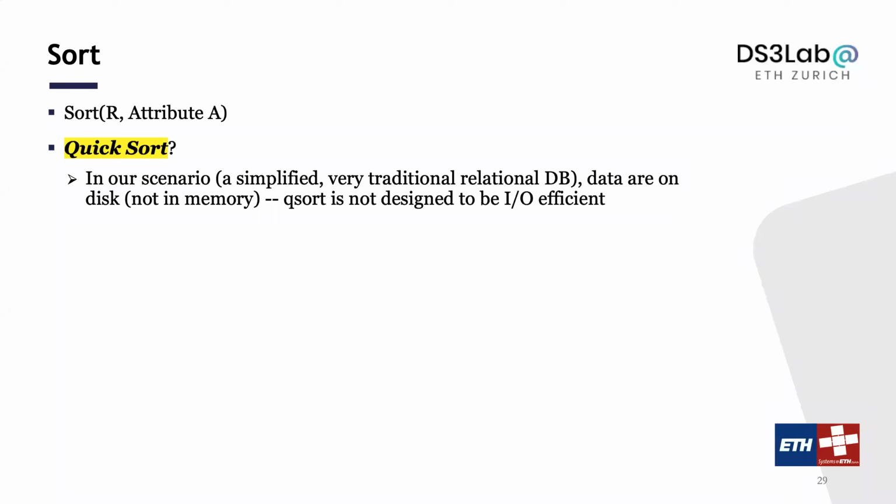But here, every single time I access a tuple, I bring in the whole page. So quicksort is simply not designed to be IO efficient for block access storage. That is why we need a new algorithm to optimize for IO instead of optimizing for the number of comparisons in your algorithm.